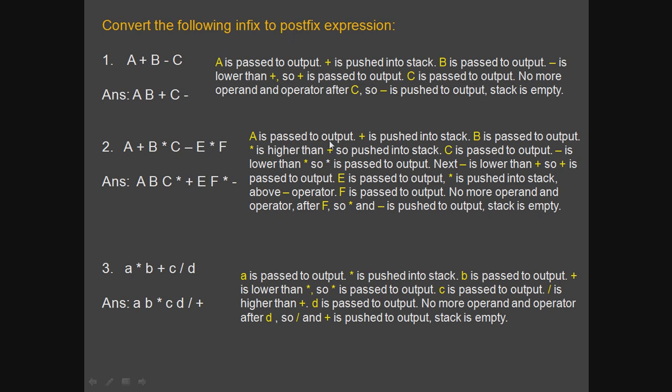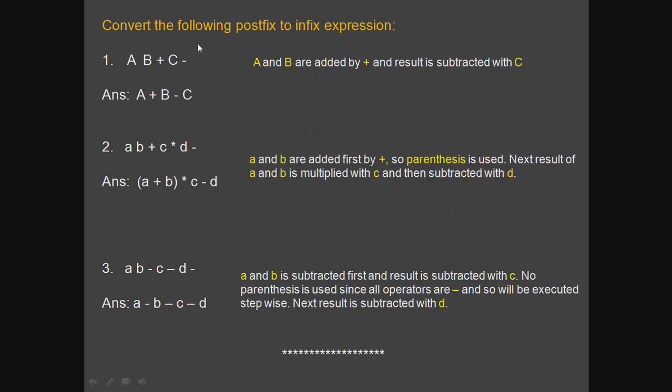Okay, next we have to convert the postfix to infix expression. So this is the postfix notation, that is a b plus c minus. We have to convert it into infix, that is a plus b minus c. So here, as you can see, a and b are added by plus.